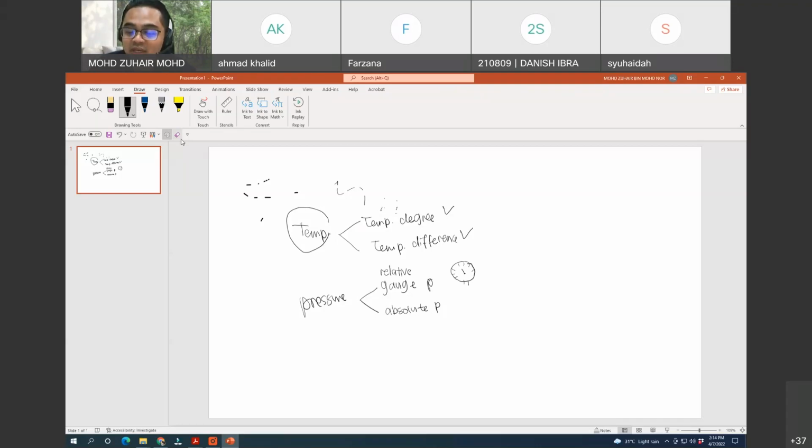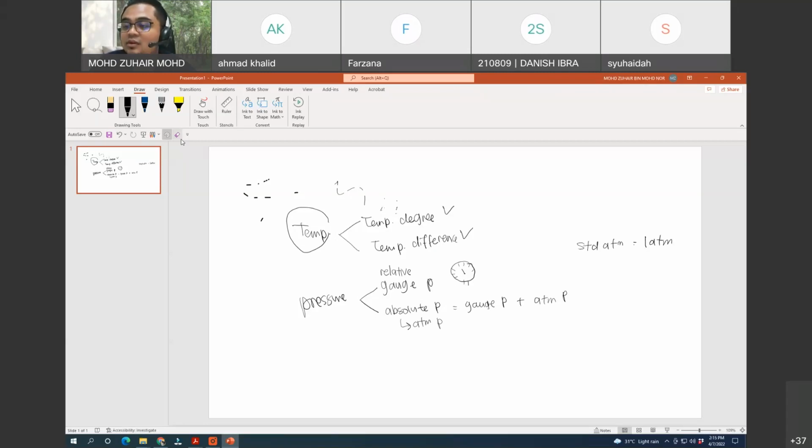At the same time, we also have absolute pressure, which has to take into account the atmospheric pressure. So absolute pressure is the gauge pressure plus atmospheric pressure. The standard atmospheric pressure is 1 atm.